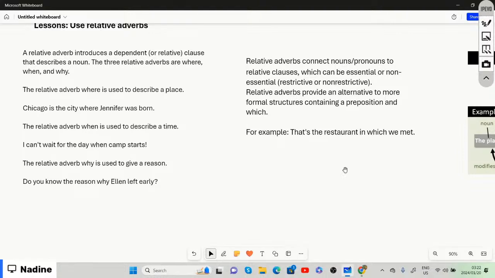And we said when it comes to the relative adverbs where, when, and why, the adverb where is used to describe a place, right? It will tell us where it is, it describes a place. The relative adverb when is used to describe a time.